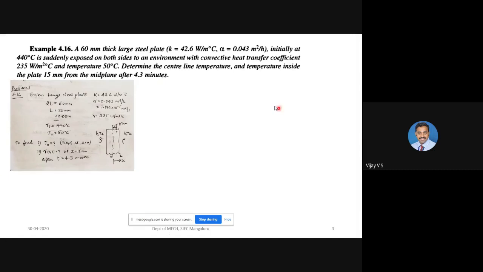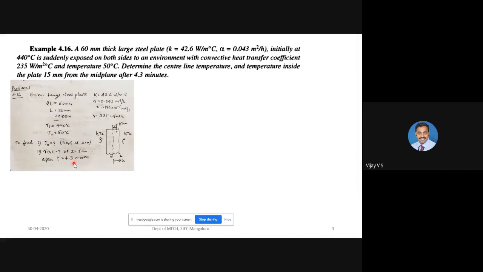So we need to find T naught and T of x comma t. Here x is given as 15. So a straight problem, this one.